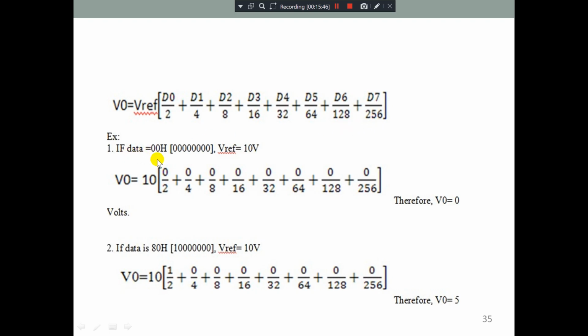For example, if the data is 00, and V reference is 10 volts, then 10 into 0 by 2, 0 by 4, 0 by 8, like that, the output voltage will be 0. If the data is 80H, with V reference 10 volts, the term is 0.5, so 10 times 0.5 means 5. The output voltage will be 5 volts if the data is 80H.